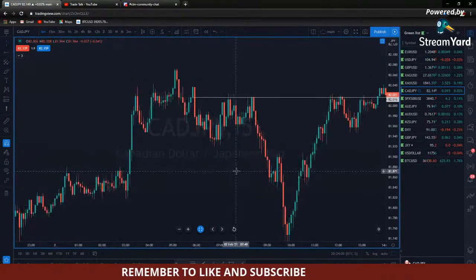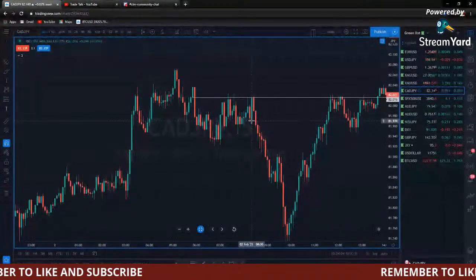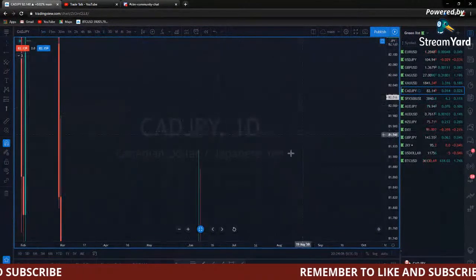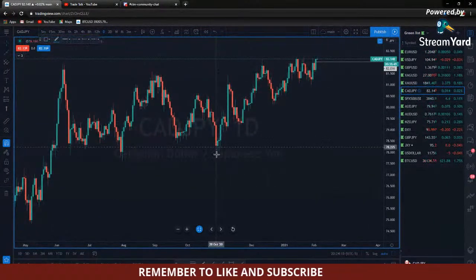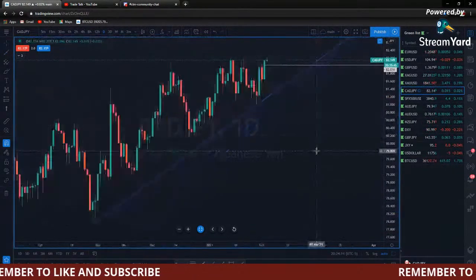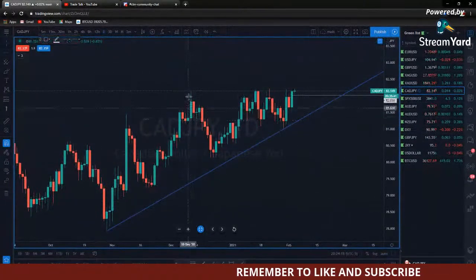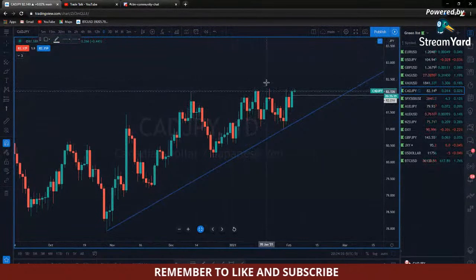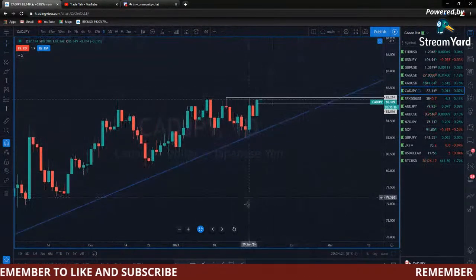But the reason I like it long was because the daily candle was still green. The trend is up. You know what I mean? If I pull this out, you can see the near-term trend is absolutely up. So I'm only looking for bullish entries on this. Plus, I know there are a ton of stops resting right above 82.214.